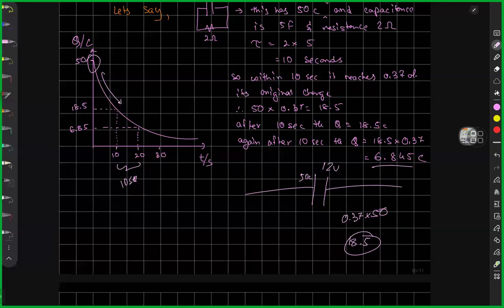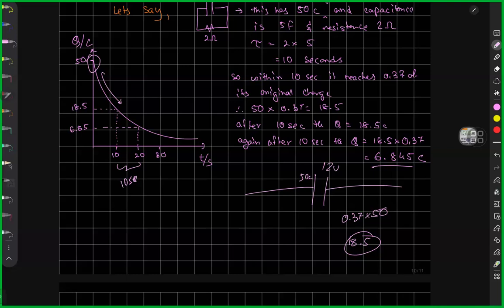But the point is, it is such a percentage of its initial value that the time it took to get to that value keeps repeating on and on. So if it takes 10 seconds to go from 50 to 37% of its initial value, it will also take 10 seconds for the next 37%.